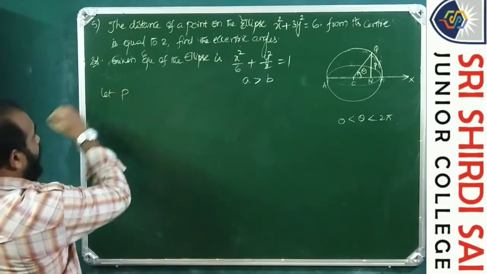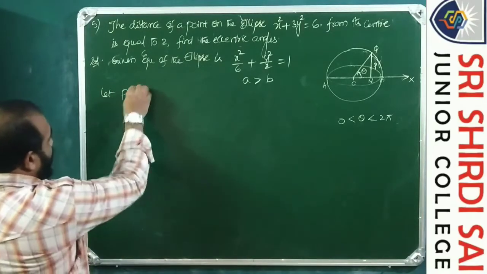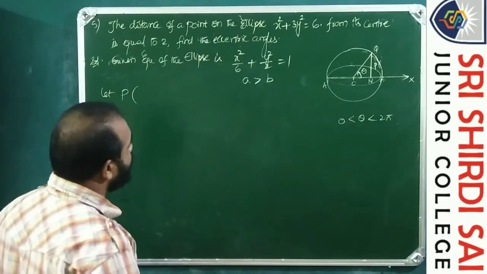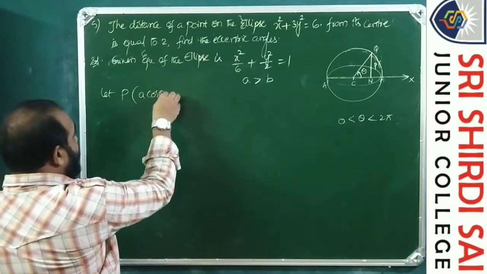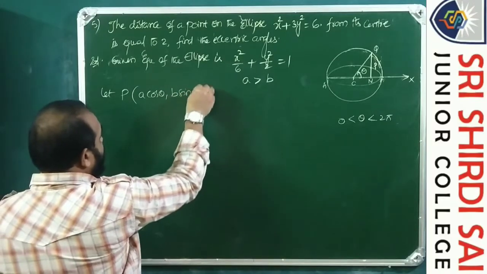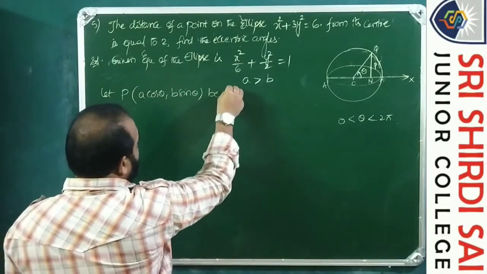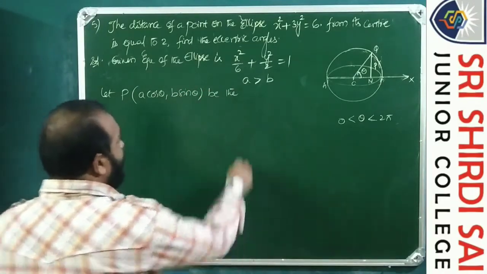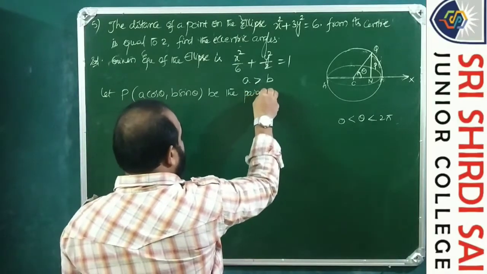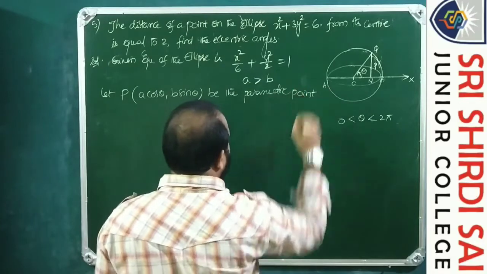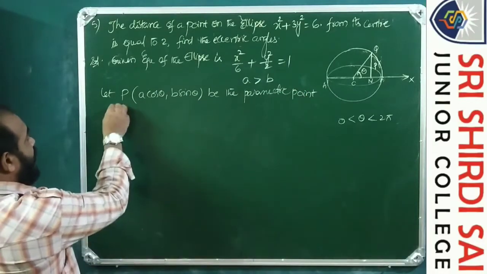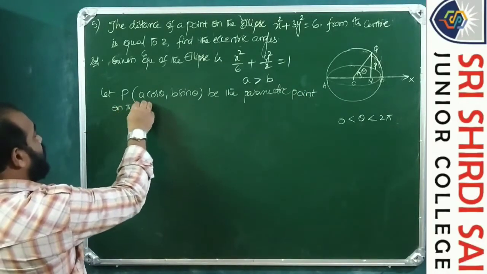Now let P, a cos theta comma b sin theta, be the parametric point on the ellipse.